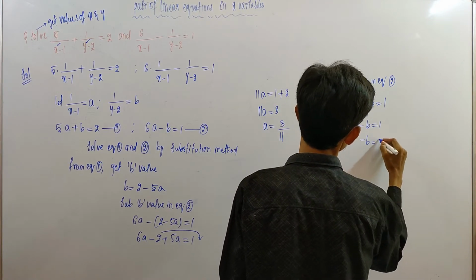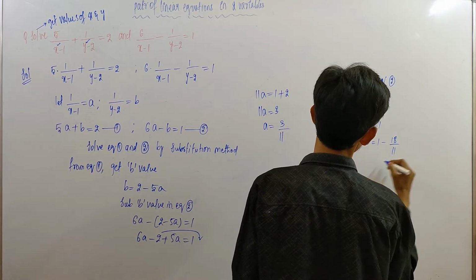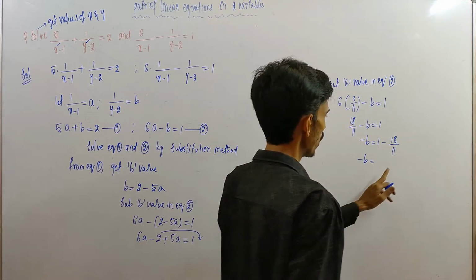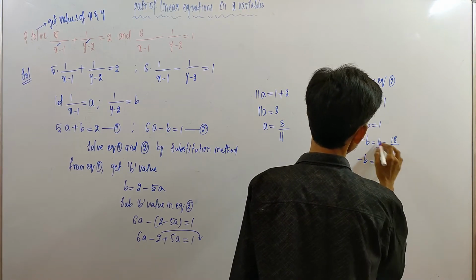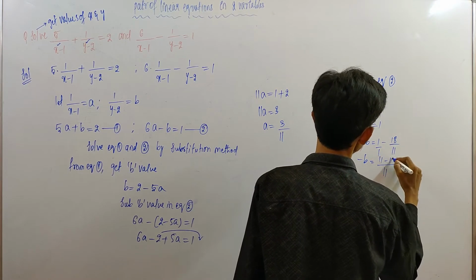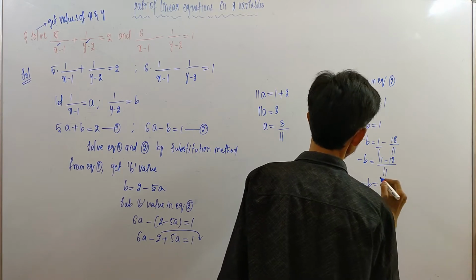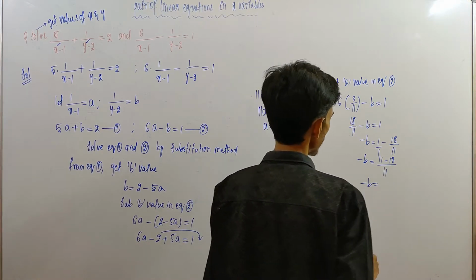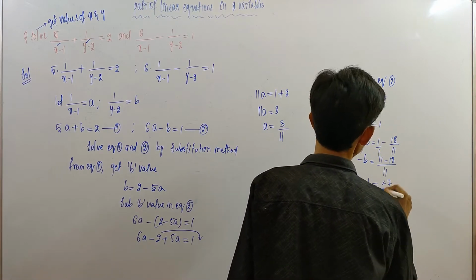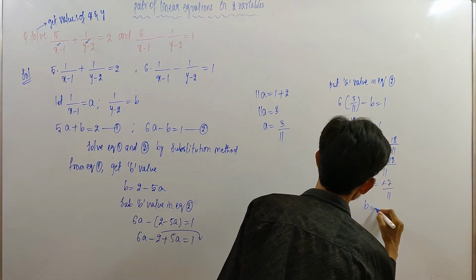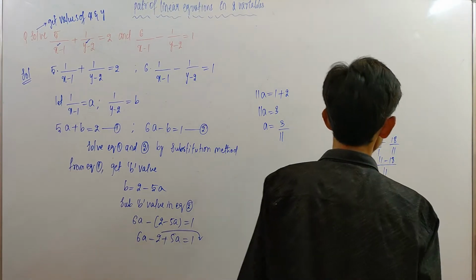So minus b is 1 minus 18 divided by 11. Take the LCM, we have 11. 1 into 11 is 11, minus 1 into 18 is 18. Now we have minus b as 11 minus 18, that is minus 7 by 11. This minus gets cancelled, so the b value is 7 by 11.